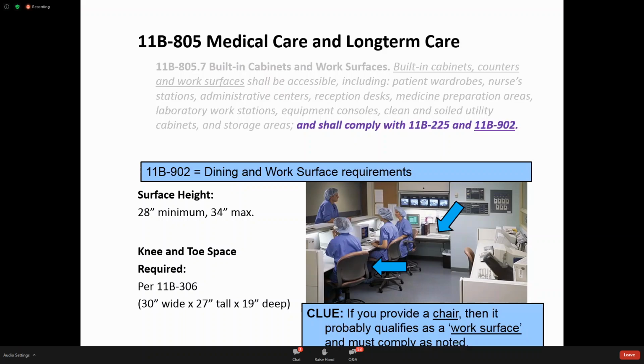And the answer is yes. And I know it runs counter to what we have all done for many years. It's not something that's super black and white. The way we've applied this at Sutter is to tell all of our architects that yes, you have to provide at least 1 section of counter that is down at an accessible height.